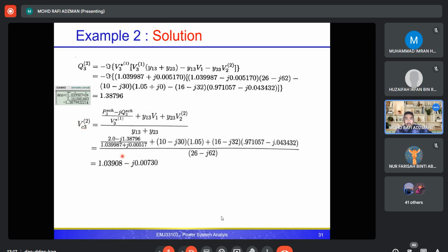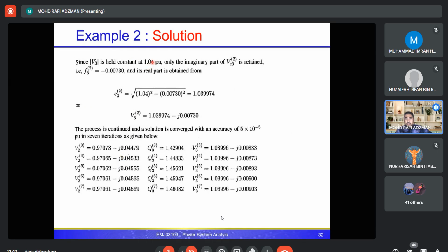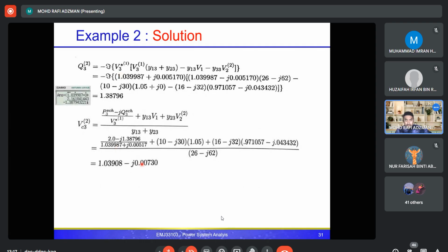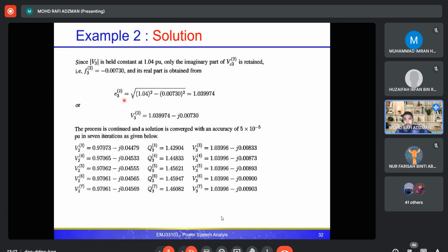This is complex. Since we know that V3 has the fixed value for the real part, which is 1.04, its magnitude, only the imaginary part of VC3 second iteration is retained. For example, here VC32 is equal to minus 0.073 here. So we have to find the real part of VC3.